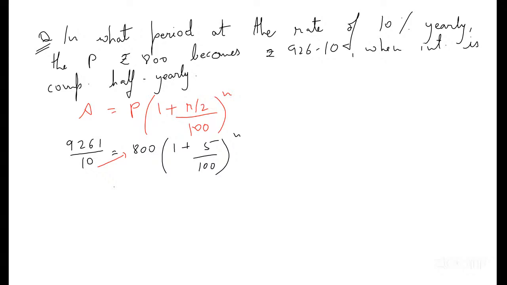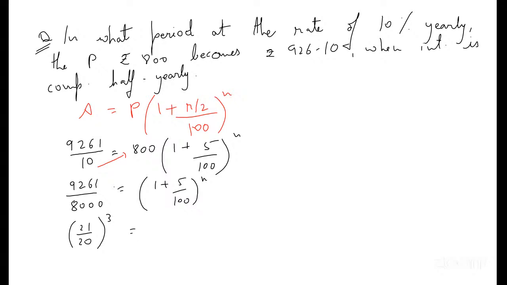So it becomes 9261 by 8000 equals (1 plus 5 by 100) to the power of n. Now 9261 and 8000 are cubic numbers, so we can find their cube roots. Ma'am, 21 and 20. Yes, Cedric, (21 by 20) raised to the power 3.